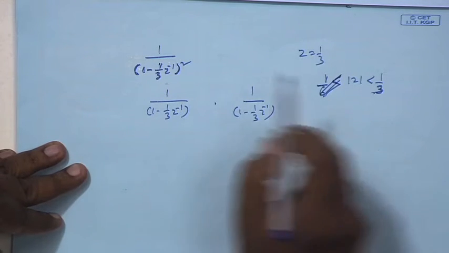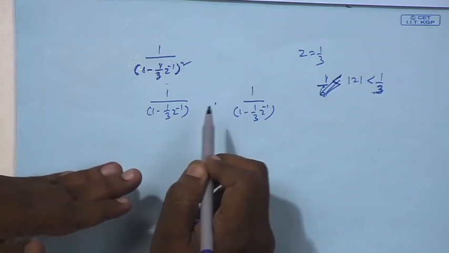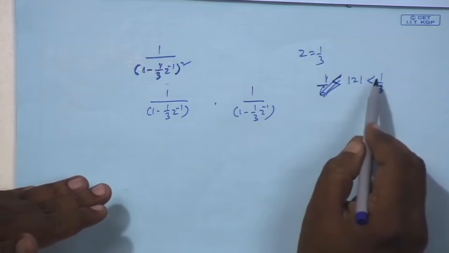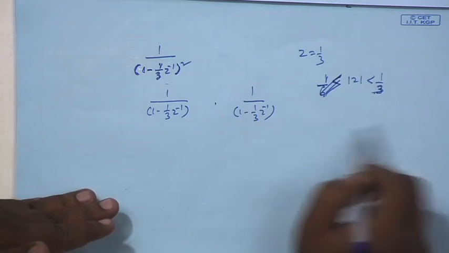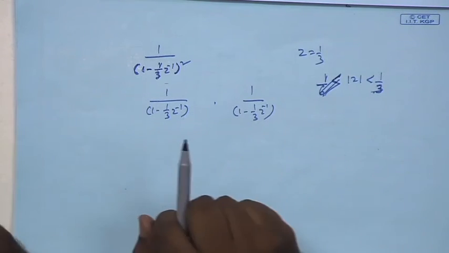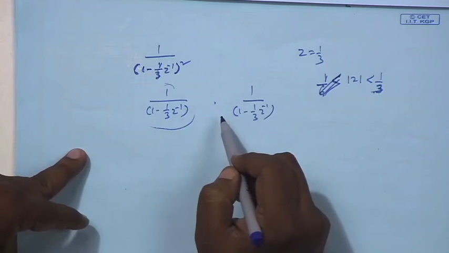Okay. So, as I told you, ROC for each of them is either mod Z greater than 1 by 3 or less than 1 by 3. But we are given mod Z less than 1 by 3 greater than 1 by 6 for the overall. So, we have to take mod Z less than 1 by 3 only to conform to that. So, this has mod Z less than 1 by 3, this has mod Z less than 1 by 3.